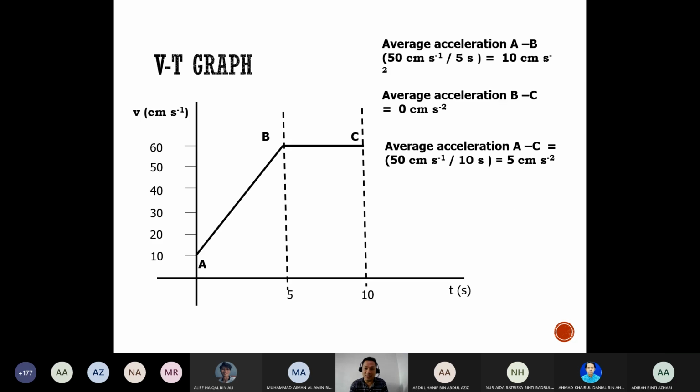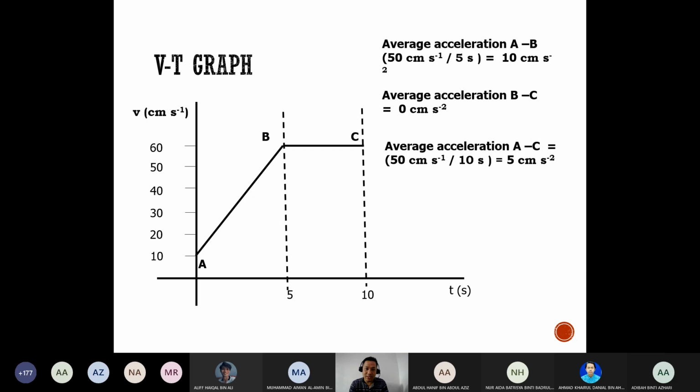And then we have, for example, the average acceleration from A to B. This is V over T. We have 10 cm per second squared for the average acceleration, and the average acceleration for B to C is 0, because B to C is a constant velocity. And then the average acceleration A to C is 5. This is initial, this is final, and the time is 10 seconds.